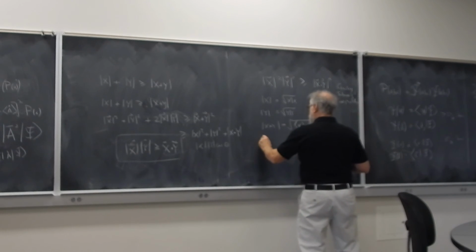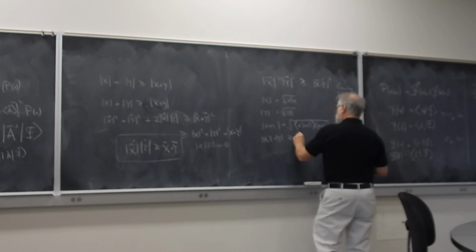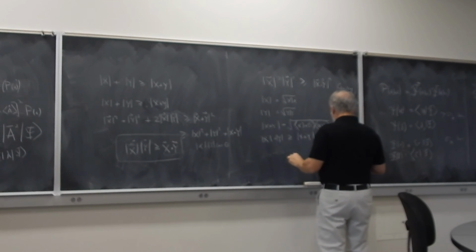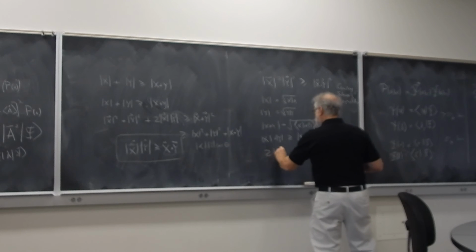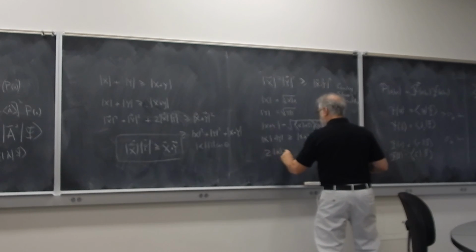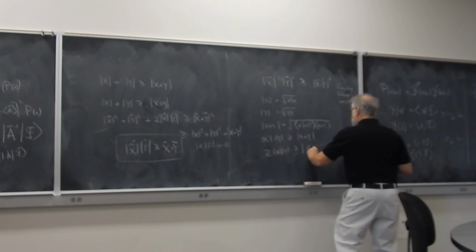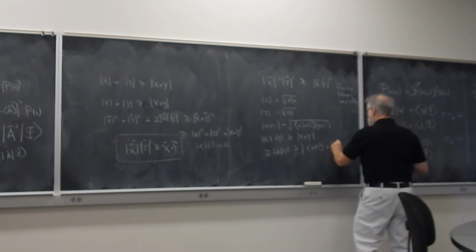So what we get then is magnitude of x times magnitude of y is greater than or equal to magnitude of x plus y. If I square it and simplify both sides, I get 2 times x y is greater than or equal to x y plus y x.